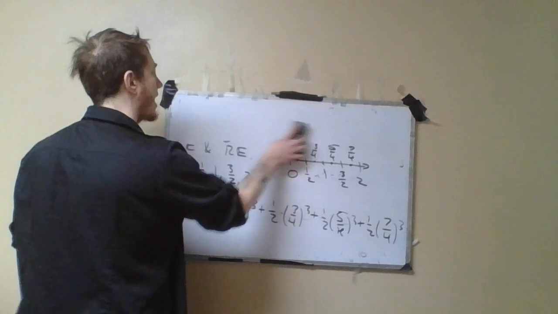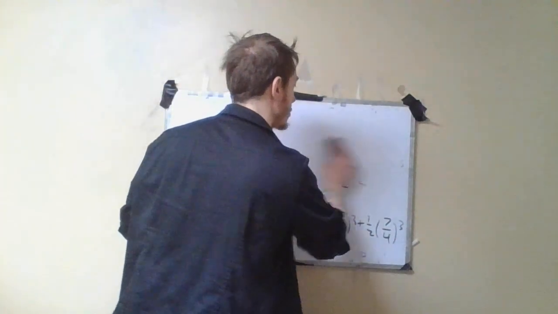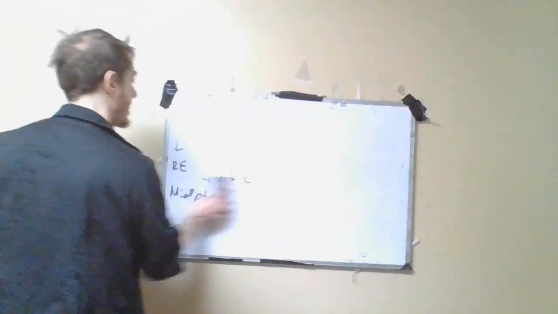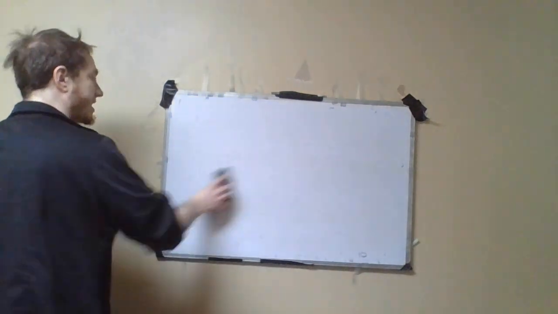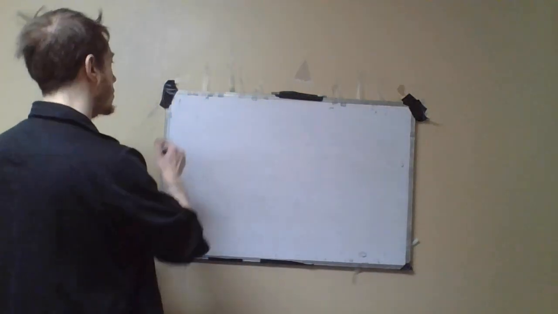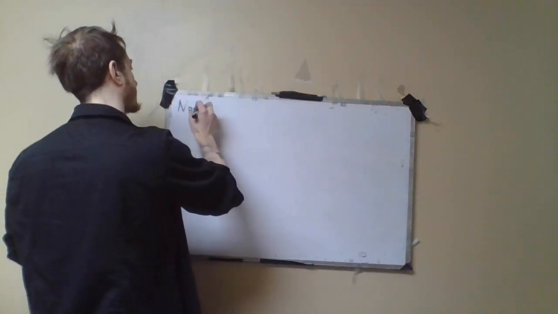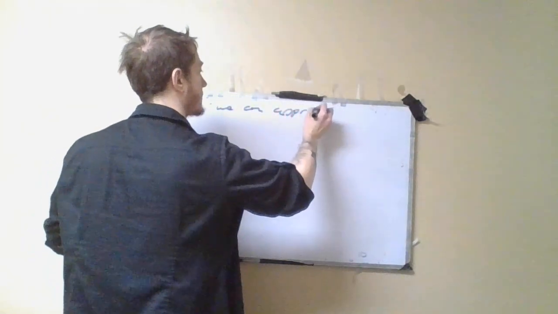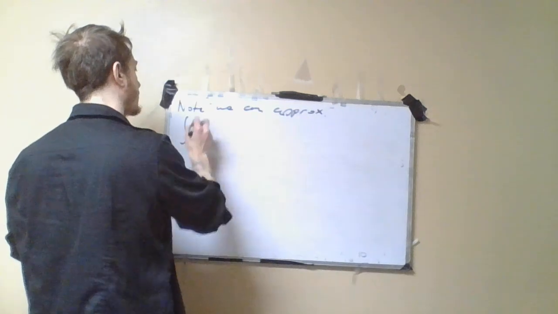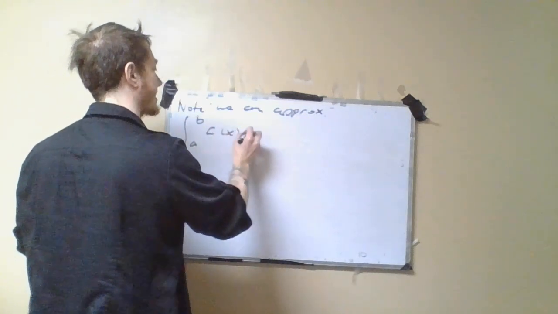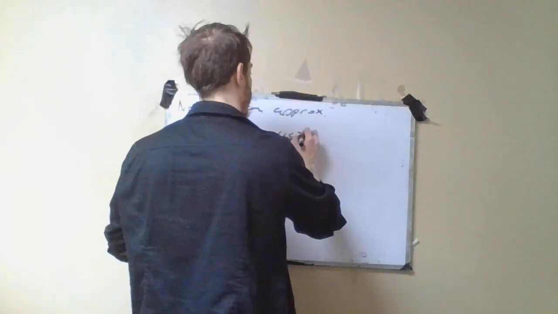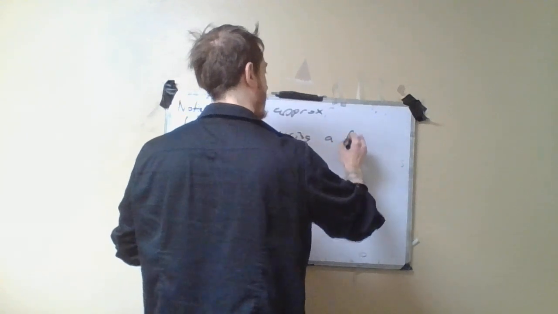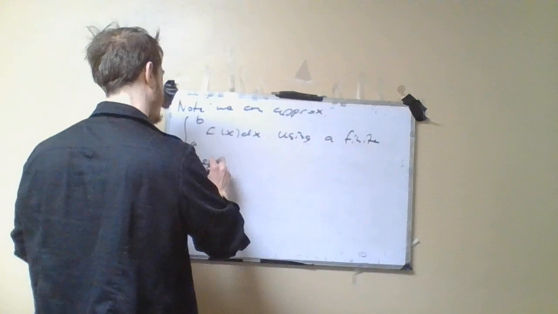Now, by the way, why would you want to do this? Well, one reason is because it gives you an estimate for a definite integral. So notice we can approximate the integral from a up to b of f of x dx using a finite Riemann sum.